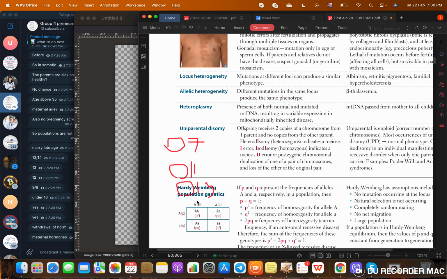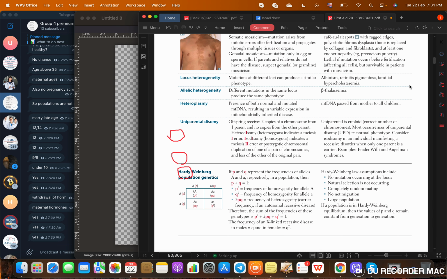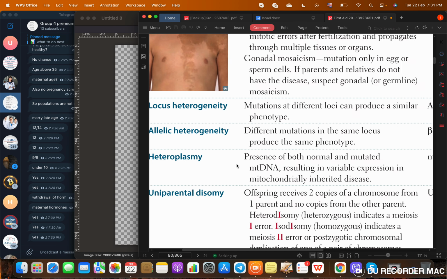Do we know every single gene that exists, big and small, inside of our body? Yes, we do. The genome. Yes, the Genome Project. Okay, so these are different genotypes, and they are all going to encode for the exact same phenotype. This is true in case of albinism, retinitis pigmentosa, and familial hypercholesterolemia. So different mutations at different locations can lead to it.